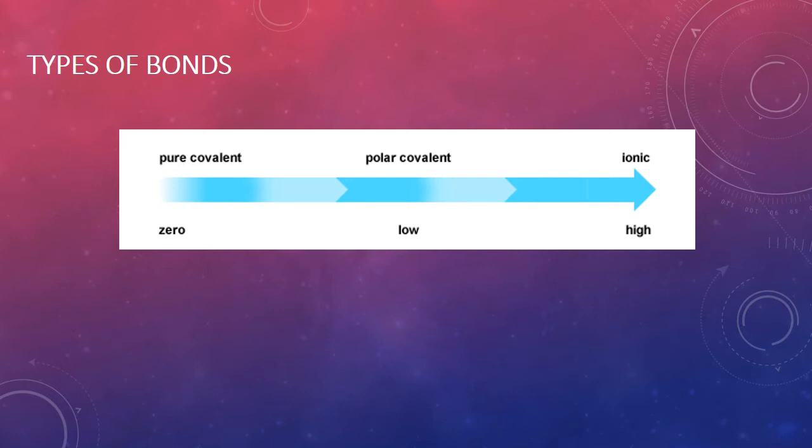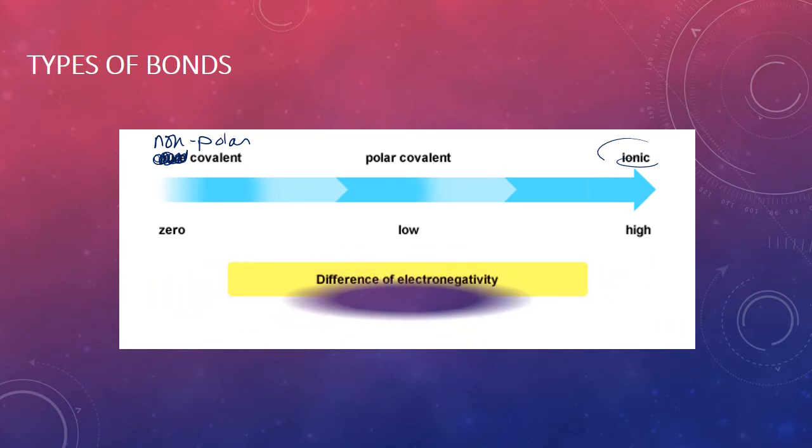As much as I like this picture for a spectrum, I am going to change this word up here. Instead of pure covalent, they're usually called non-polar covalent. Then we have polar covalent bonds, and then we have ionic bonds. Now see where it says 0, low, and high? That's all based on this concept called electronegativity.